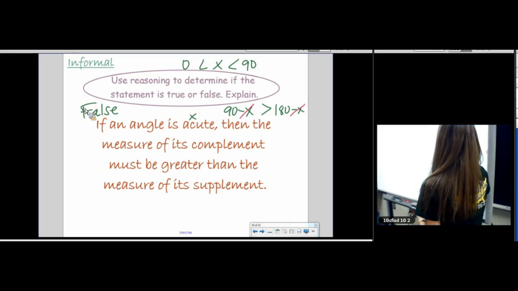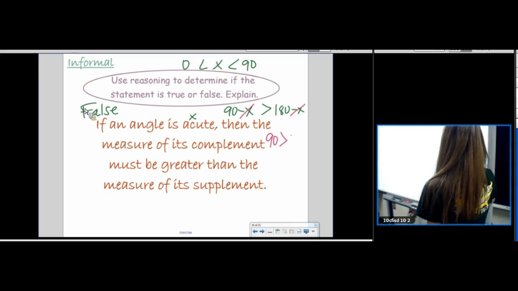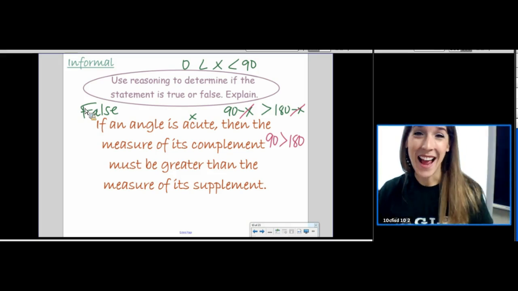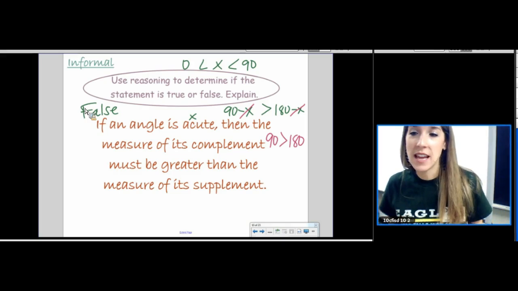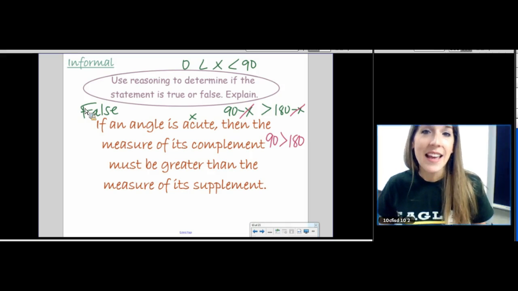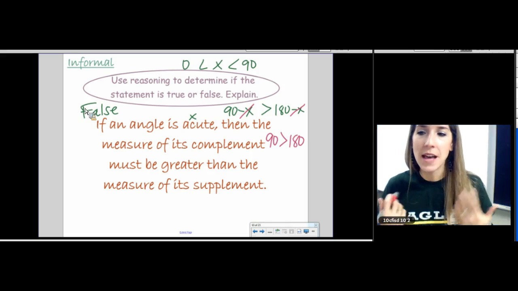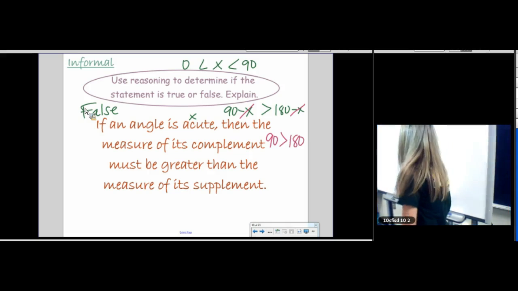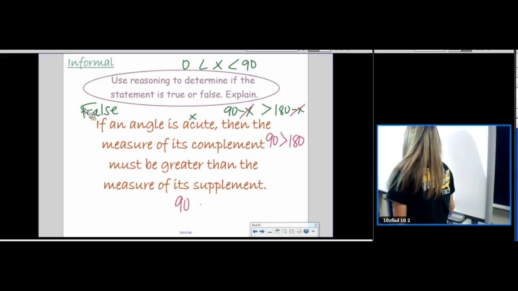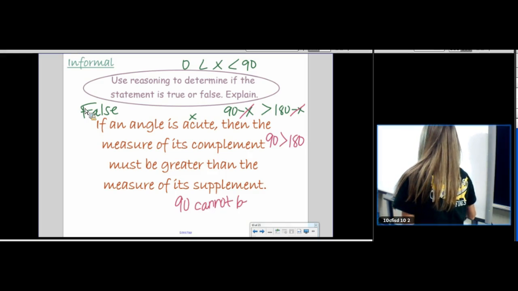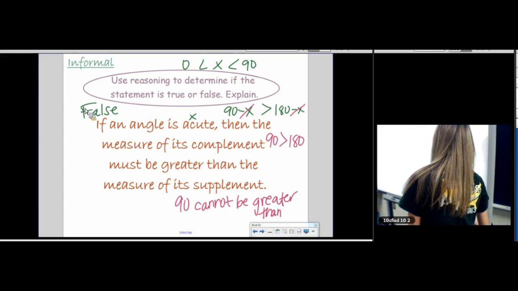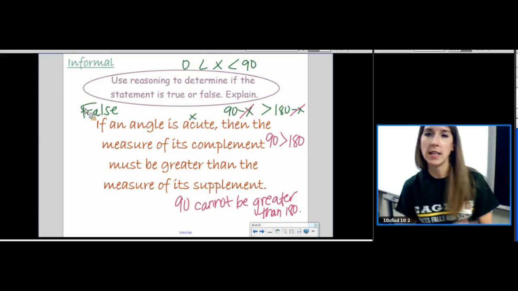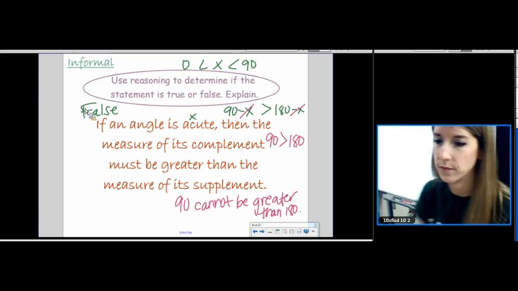They're going to be gone. Well, look what's left over. Since when is 90 greater than 180? Never. So I would say that's a false statement, and after we did all the algebra, we realized that's false because 90 cannot be greater than 180. So that would be our explanation. So we showed it algebraically, we explained it with a sentence. That's informal.